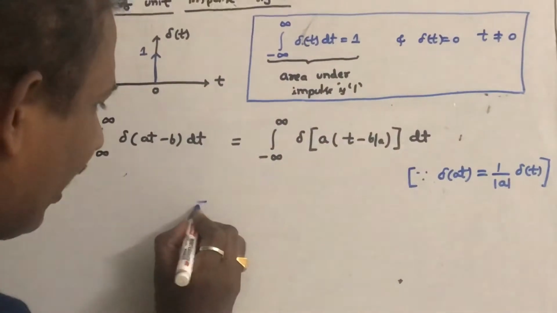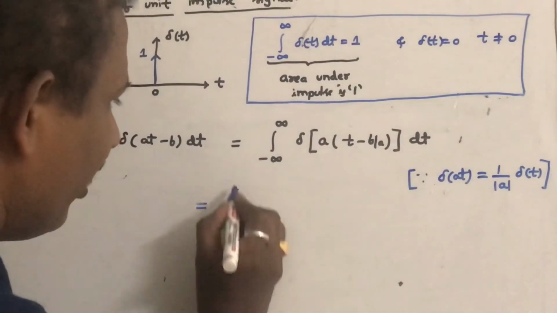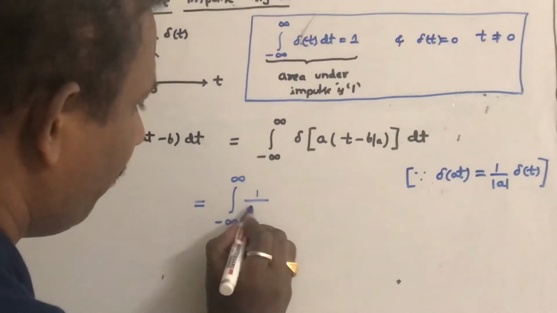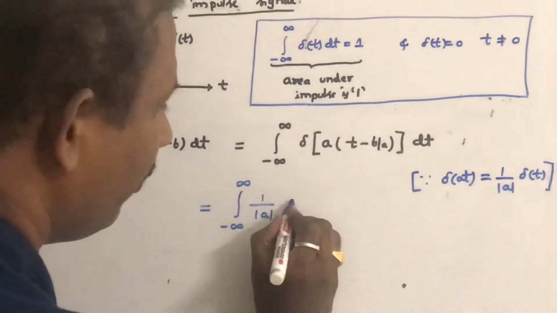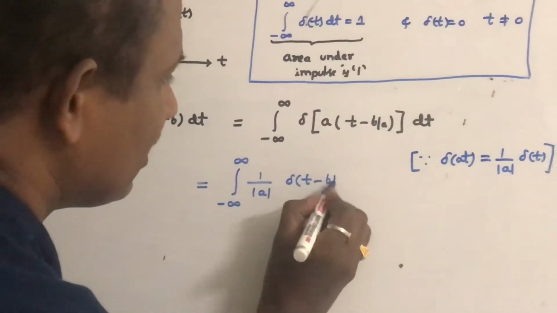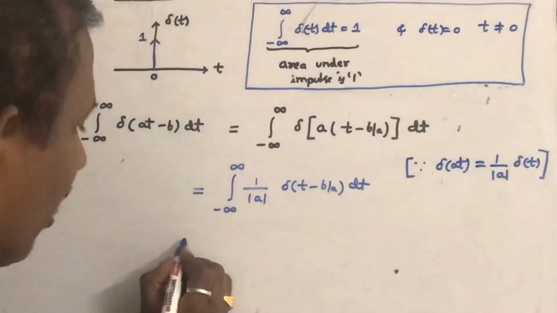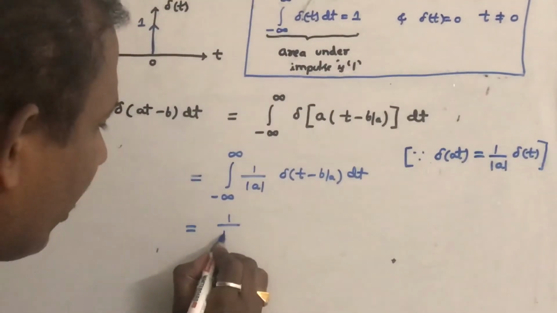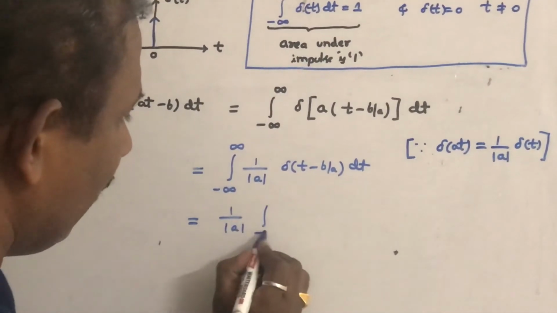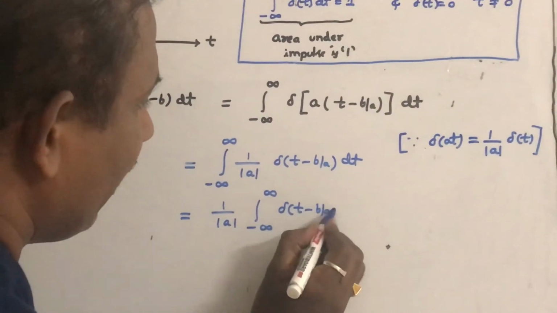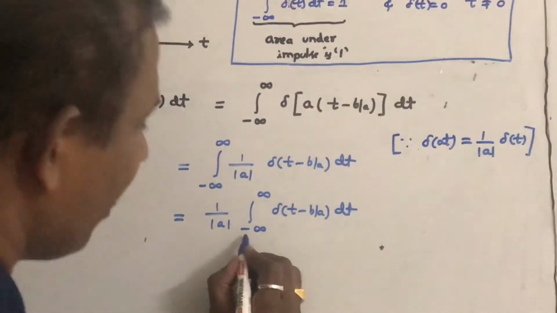So we can write integral from minus infinity to infinity, using the previous third property, 1 by mod a into del of t minus b by a, dt. Because a is a constant, we can take it outside: 1 by mod a times the integral of del of t minus b by a dt. What is the area?